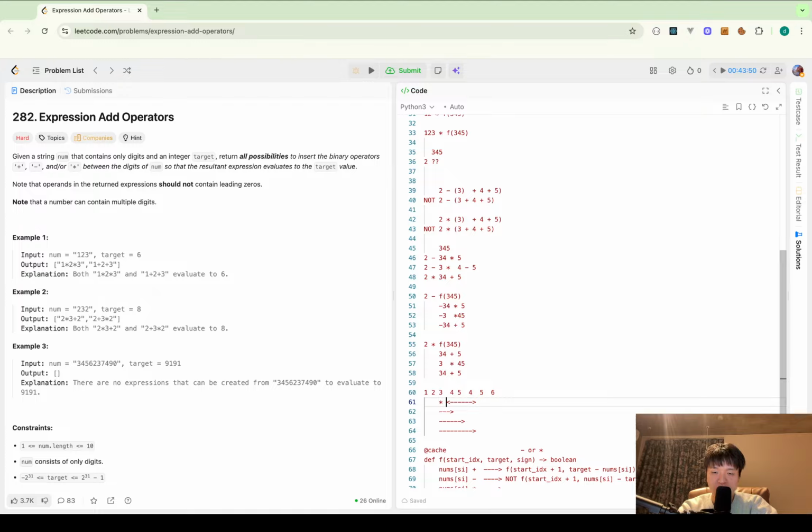And also I can think, okay, let's start from 1. I can think of length 1. And also I can try every operator. If I do this for every length and combination of operator, it still takes about 30 combinations if I'm at index 0.